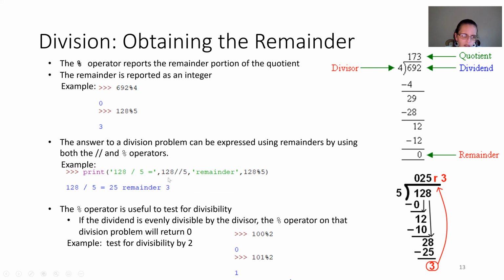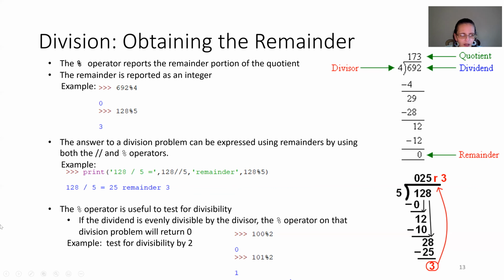What we'll print out is a statement here. I know we haven't covered print yet, but I think it is fairly straightforward to follow what's happening here. We will see more print coming up, but that is how you can print out the answer to an expression. The percent operator is useful to test for divisibility, and keep your thinking caps on because that may come up in a later lecture.